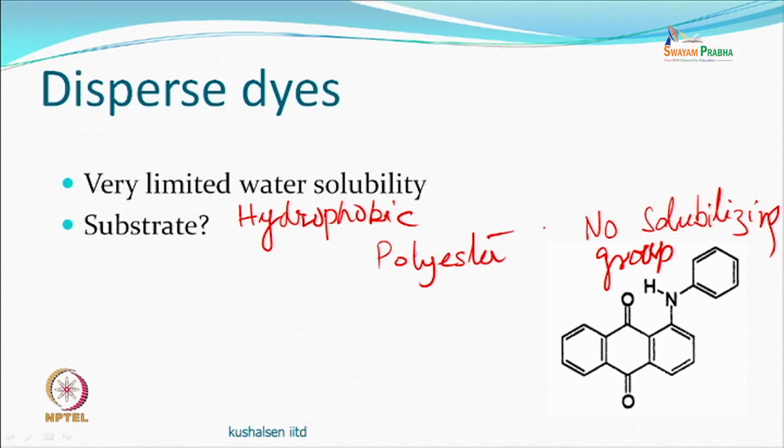So these dyes originally were synthesized much before the polyester came into the market, because we had acetate fibers which could not be dyed and printed with the conventional dyes that were available. So they had to think about it. So the structure, the architecture of the molecule has changed over the period. But when the polyester came, the dye is just made for them. Polyester is hydrophobic, the dye is hydrophobic, the bond is pretty nice, the wash fastness should not have any problem, and so it was good.